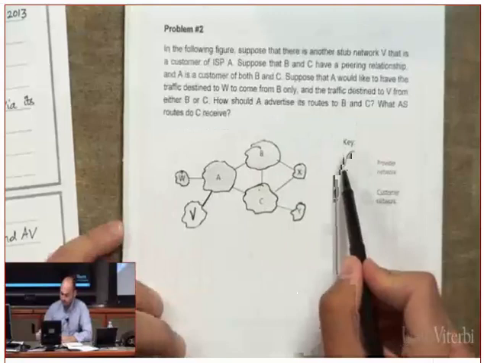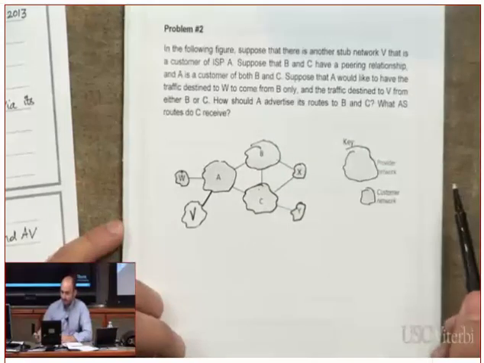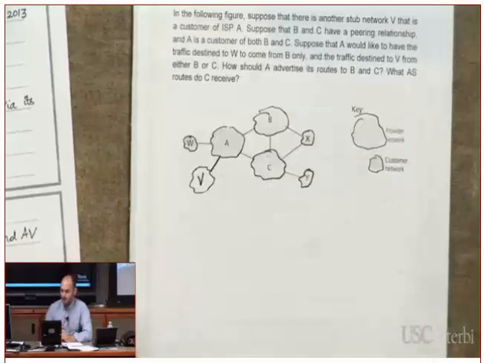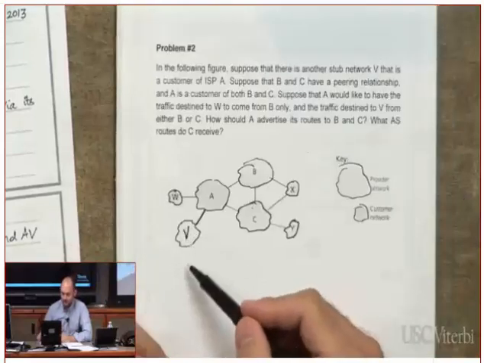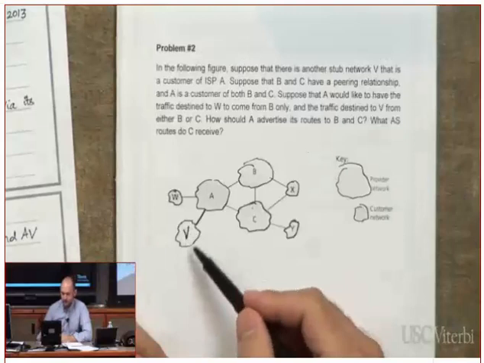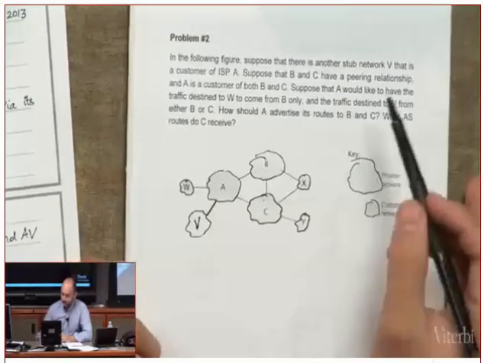Okay, so the answer is like this. A will advertise to B two routes: AW and AB.